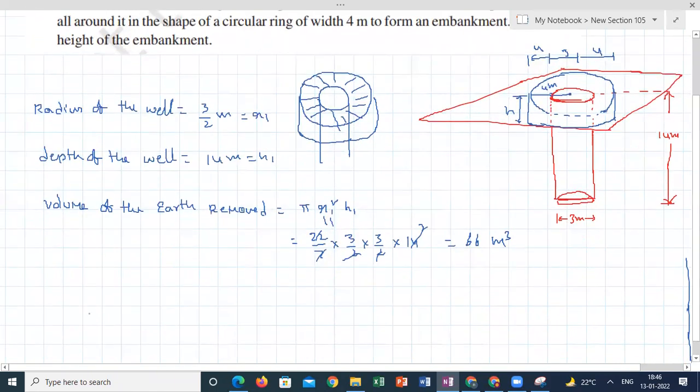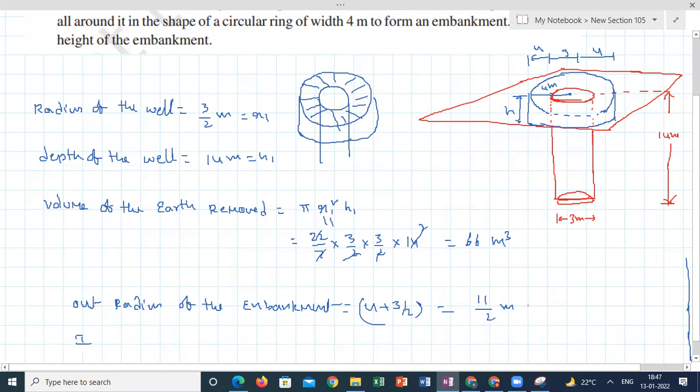The outer radius of the embankment is 4 plus 3 by 2, which is equal to 11 by 2 meter. This I am taking as R outer. Inner radius is exactly 3 by 2 meter, which is equal to the radius of the well. That is how they construct.